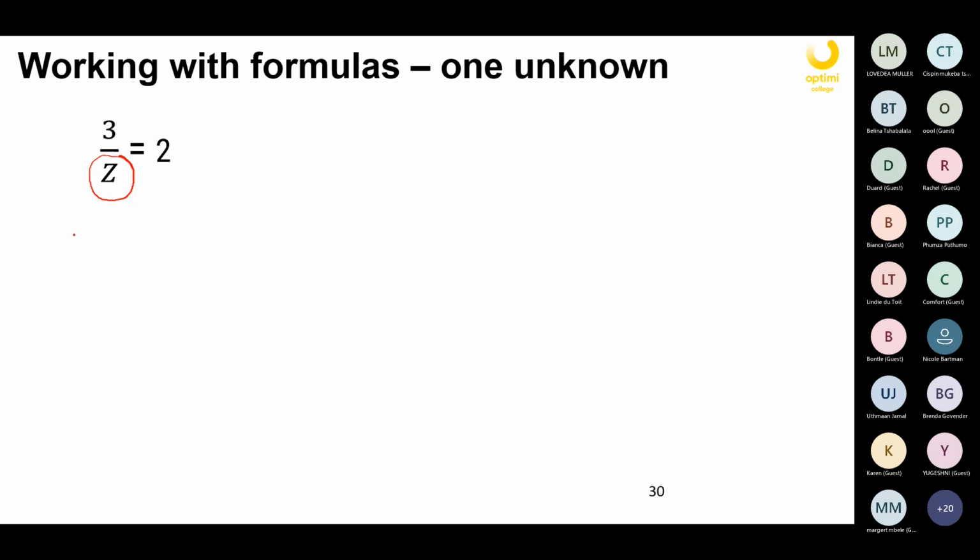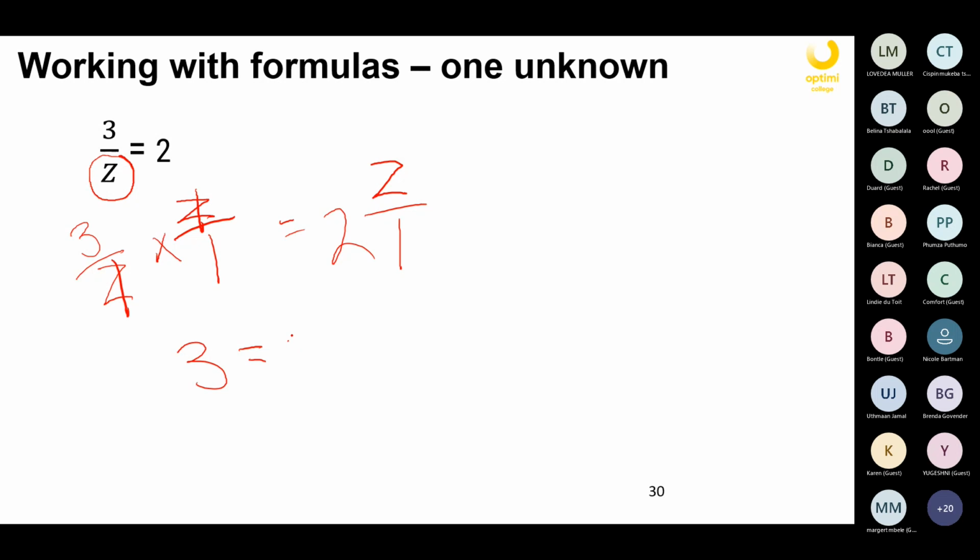The only way to do this is to say 3 over z multiplied by z over 1 equals 2 multiplied by z over 1. It becomes 3z over z, so the 2 z's cancel out. So it becomes 3, and this one becomes 2z. And now I don't like the 2 with the z, I want z alone. So what do I do? I divide by 2. So z becomes 3 over 2.